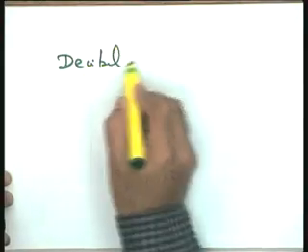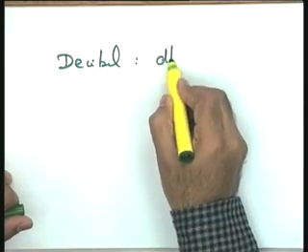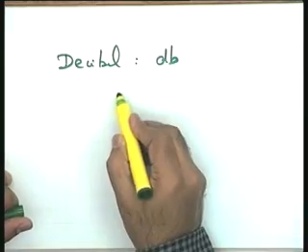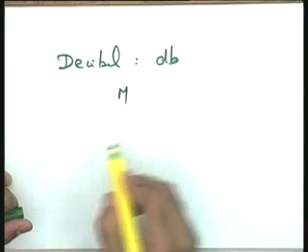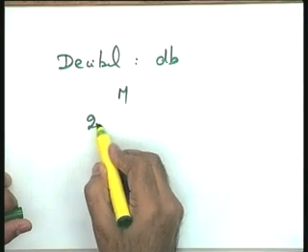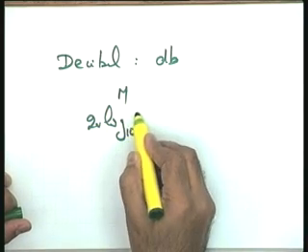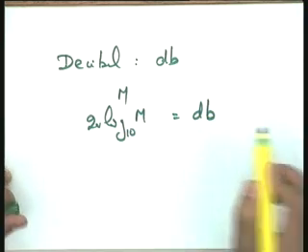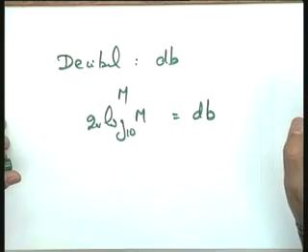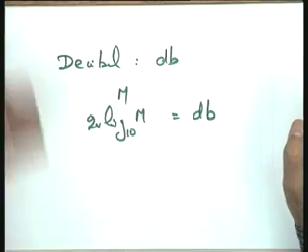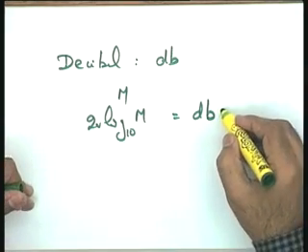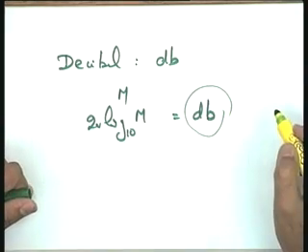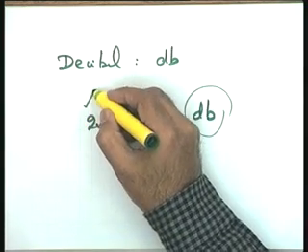Decibel is used. It is the unit abbreviated as dB, and if you have a unitless magnitude M, then 20 log to the base 10 of M is equal to the magnitude in decibels. And this is what we take. The log of magnitude has been taken. The unit we take is decibels. Now, you can ask why do we multiply by 20?